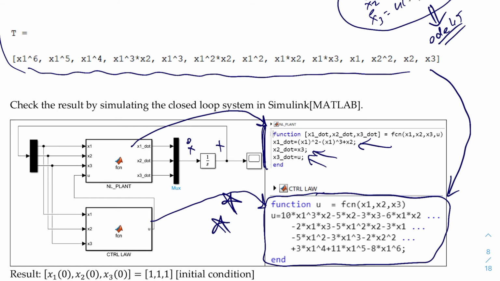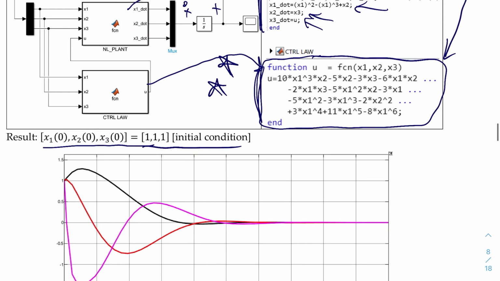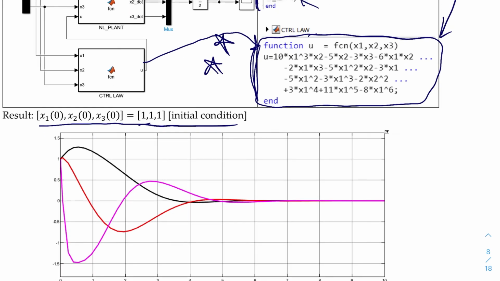I just copied and pasted it into that function. And this is our initial condition. You can select other initial conditions to test.